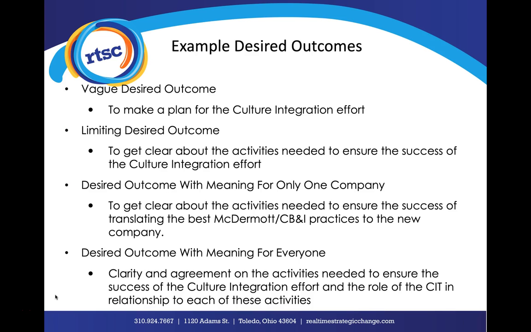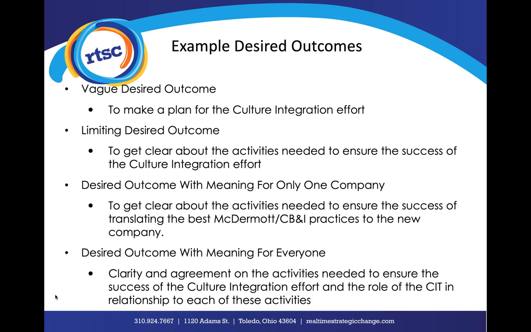So again, here are the example desired outcomes that we came up with to make a plan. That's a bit vague. So limiting, get clear about the activities needed to ensure the success of the culture integration effort. That starts to speak to what might be included in the plan. With only one company, it's to get clear about the activities needed to ensure the success of translating the best, either for McDermott or CB&I, these 2 organizations, the practices to the new company.